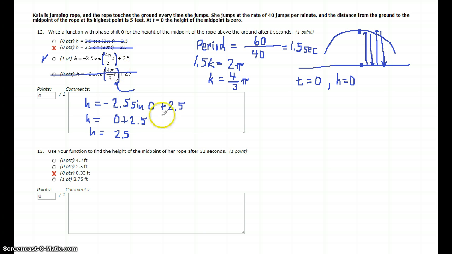Okay, now looking at number 13, we want to use that function to find the height of the midpoint after the rope reaches 32 seconds. A couple different ways we could do this.